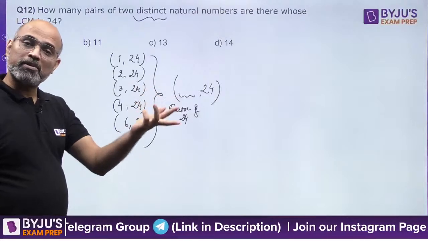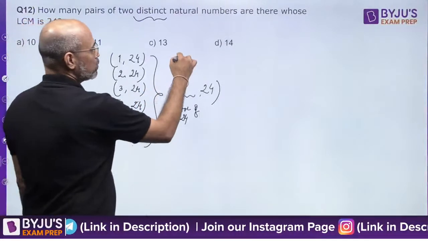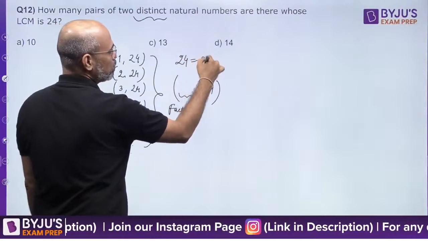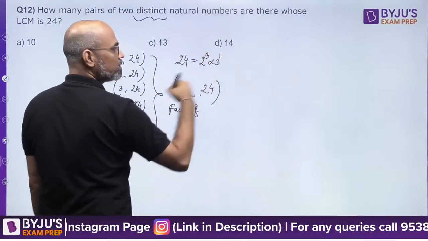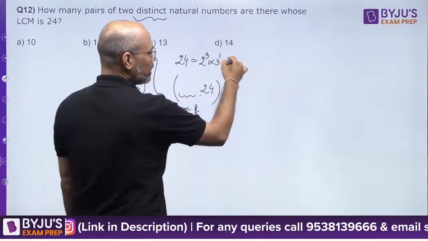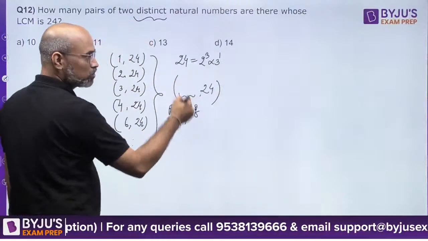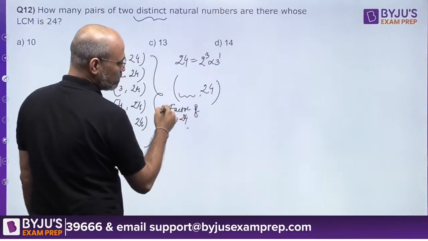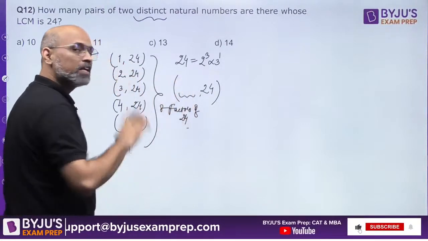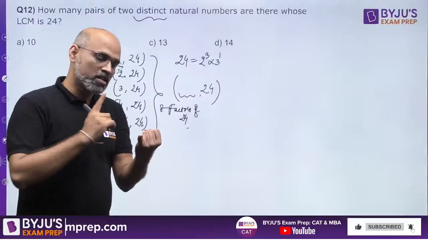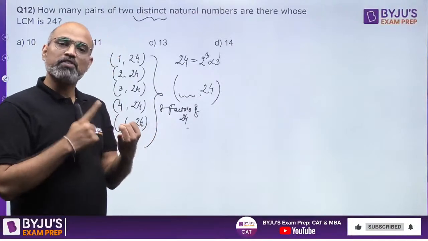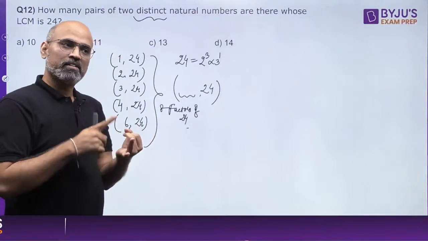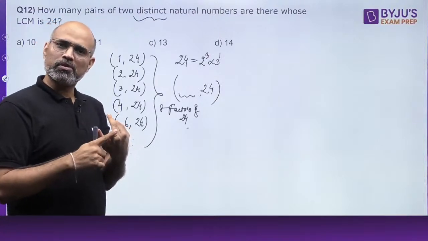So how many factors does 24 have? 24 is going to be 2 cube into 3 to the power 1. 8 into 3 is 24. So the number of factors of 24 will be 4 into 2, that is, 8. So there are going to be 8 factors of 24 that we can put here. What are those factors? 1, 2, 3, 4, 6, 8, 12, 24.